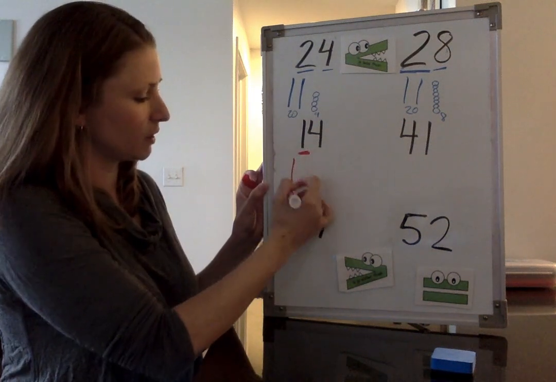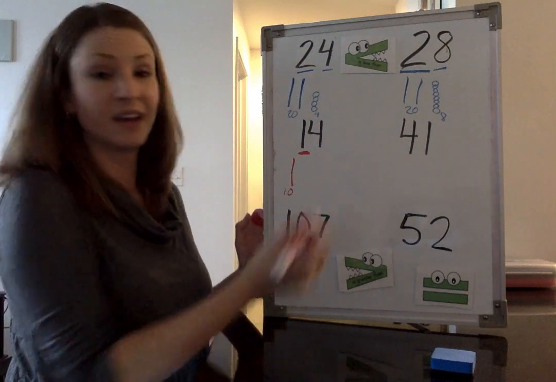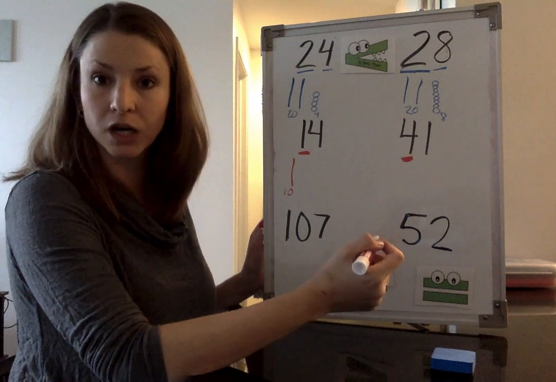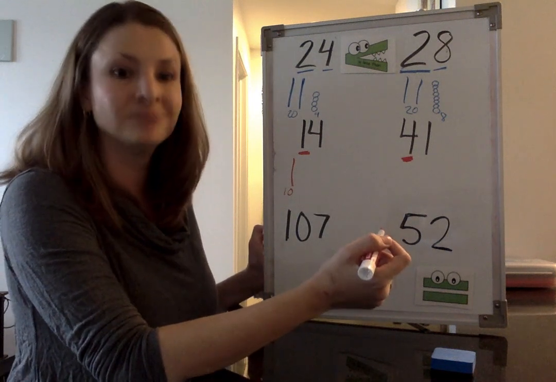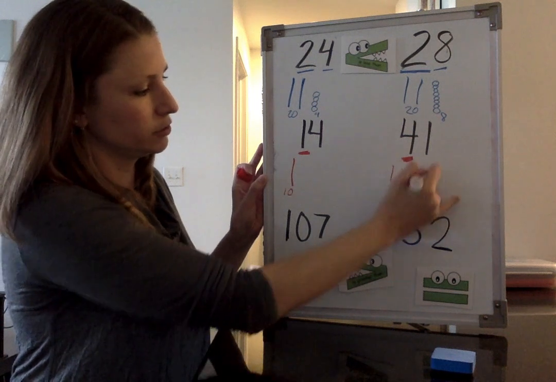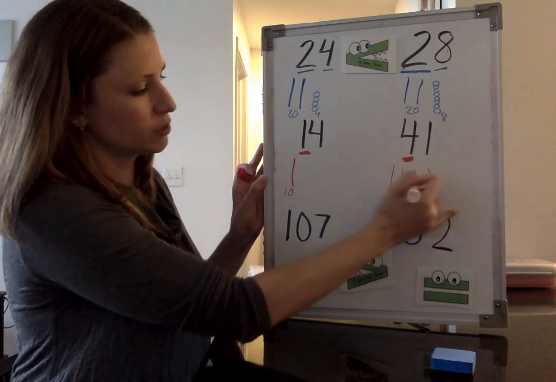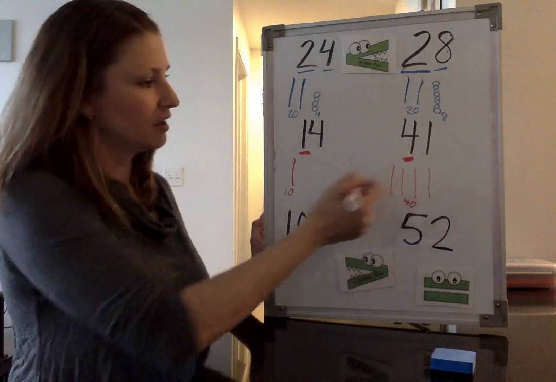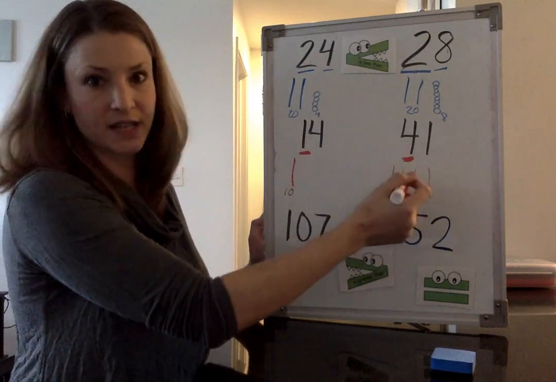I'm going to draw that out, my 1 ten, like that. Now 41, starting with this number, is 4 what? There you go, the 4 tens. So let's draw that out. 1, 2, 3, 4, 10, 20, 30, 40. There we go. Yeah, 1 ten here, 4 tens here.